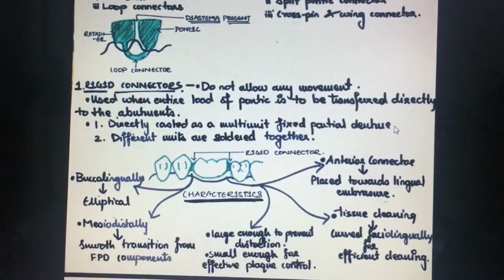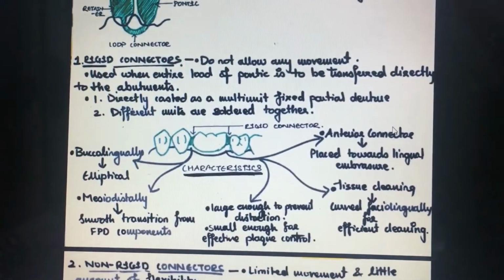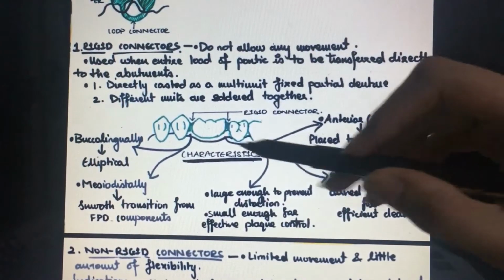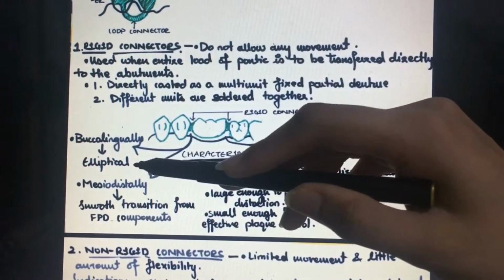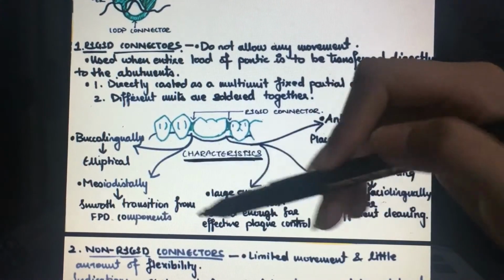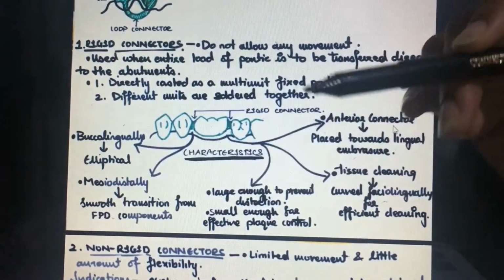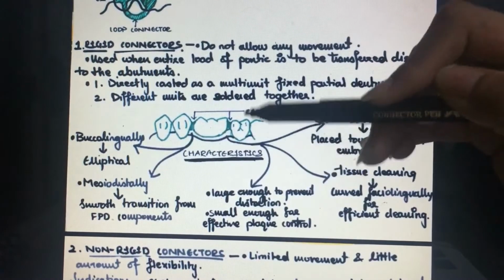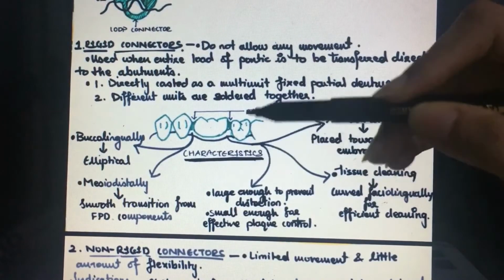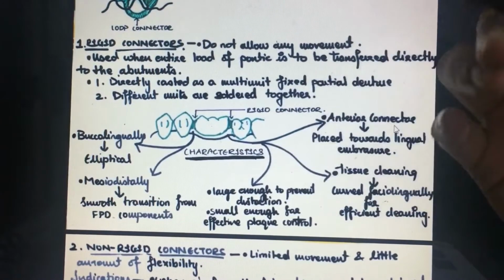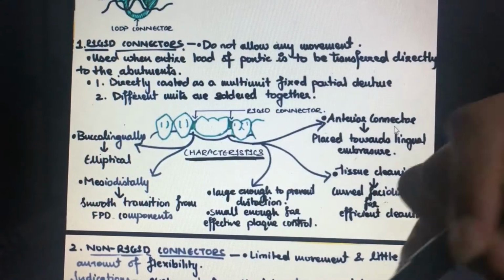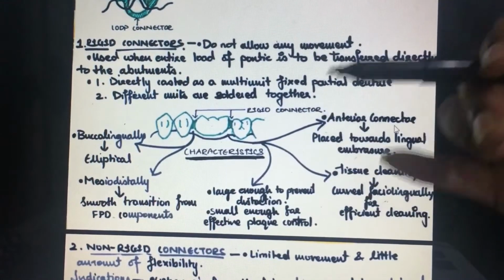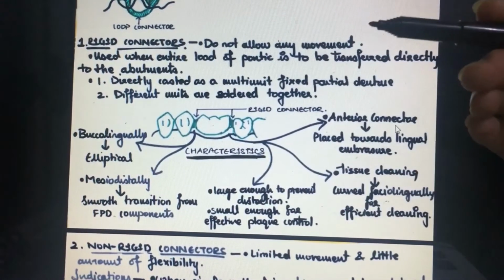The characteristics of rigid connectors are as follows. This connector is buccolingually elliptical. Mesiodistally, it should have a smooth transition from the components of FPD. It should be large enough to prevent any distortion in the unit, and small enough to be effective for plaque control and oral hygiene maintenance.